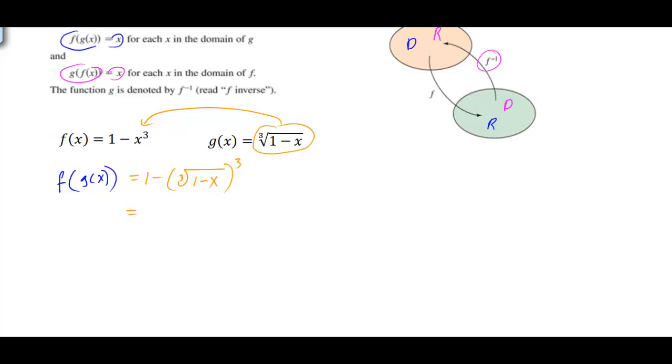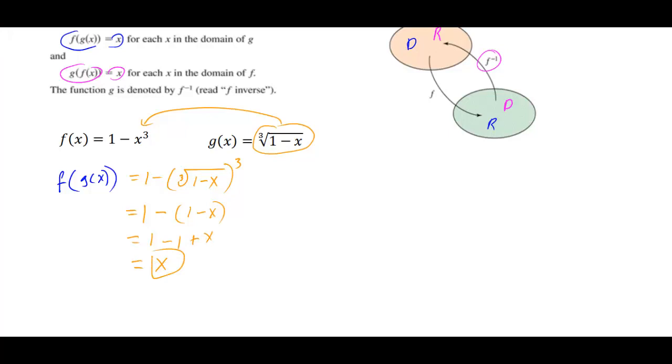And I think you can see what's going to happen here. Of course, the cube root and the cube are going to cancel out, so we're left with 1 minus, and make sure you put the parentheses here, so it's 1 minus x that we're left with. And of course, if we distribute, we're going to get 1 minus 1 plus x, so we certainly end up with x. Now, does that verify that they're inverses?